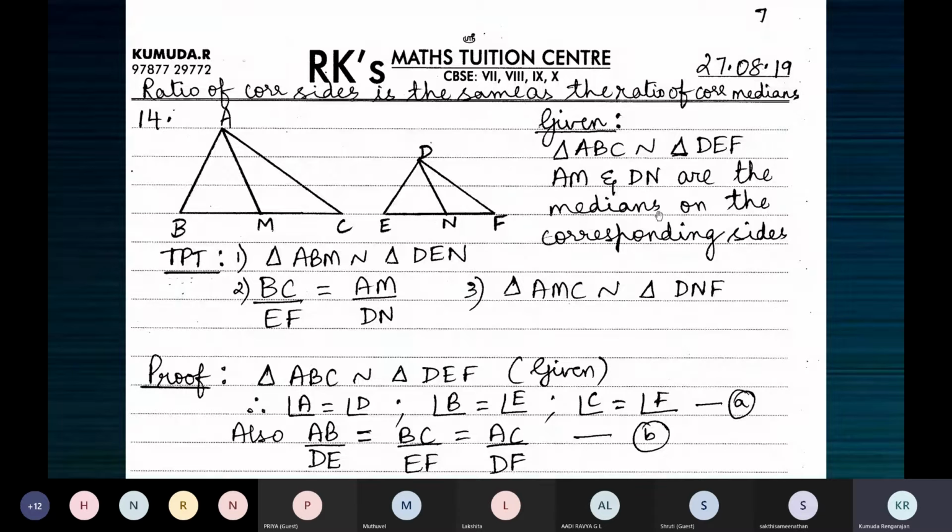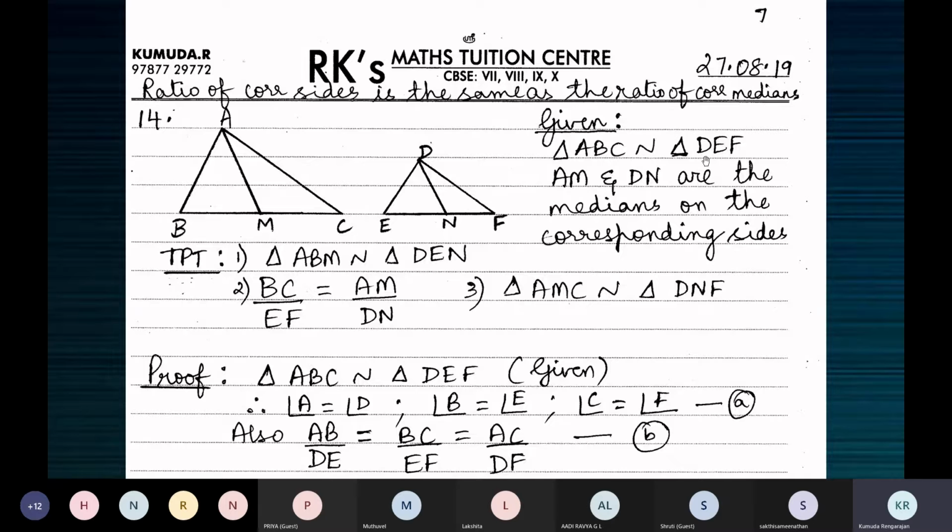Such questions will be asked with this given information. I have put everything in the same question. You'll be asked to prove such results. I've just put everything in one proof.